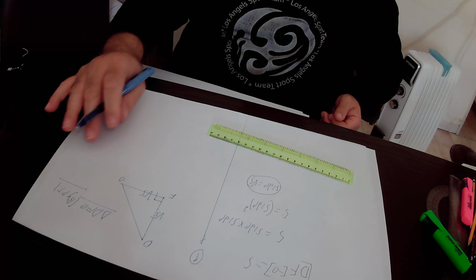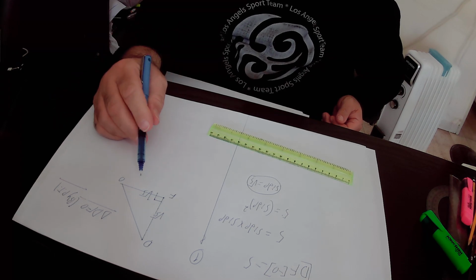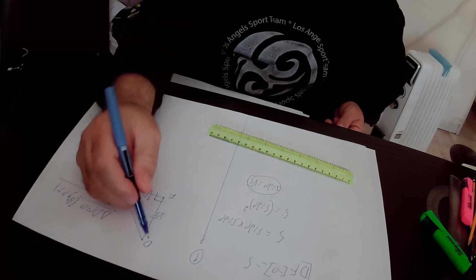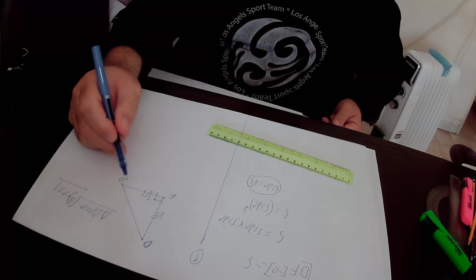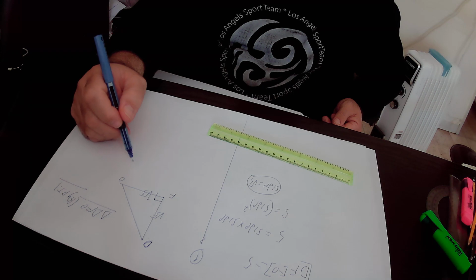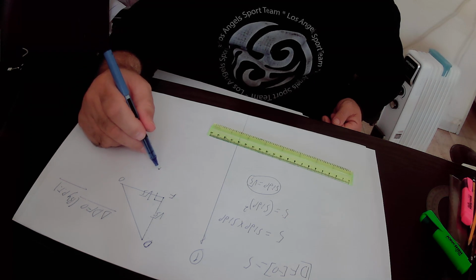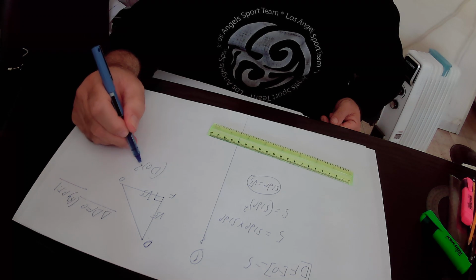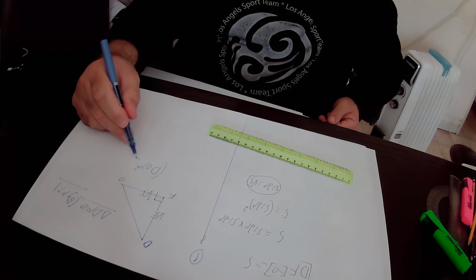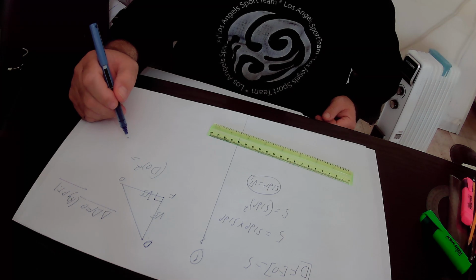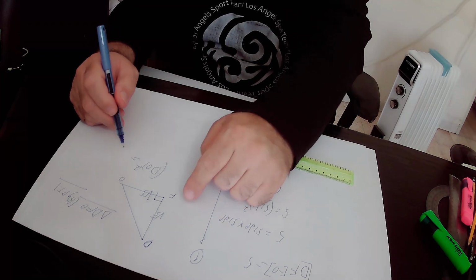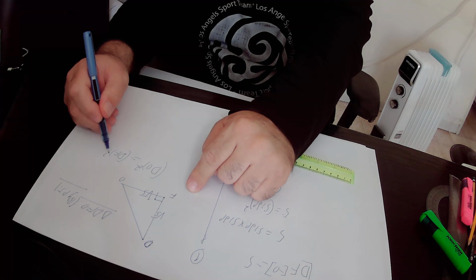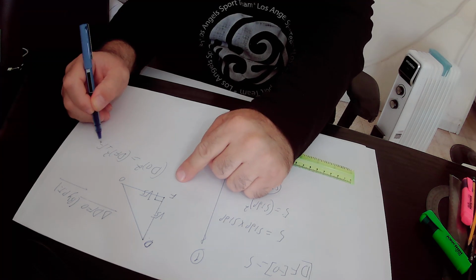So in this specific right triangle DFO, the hypotenuse is DO, therefore the square of the hypotenuse is DO square, and it is equal to the sum of the squares of the perpendiculars. That is to say, it is equal to DF square plus FO square.